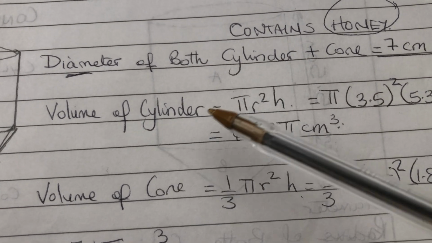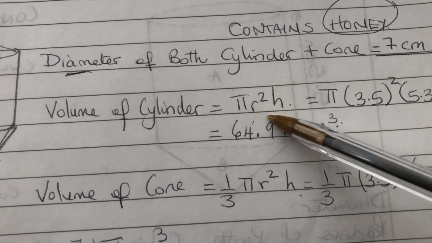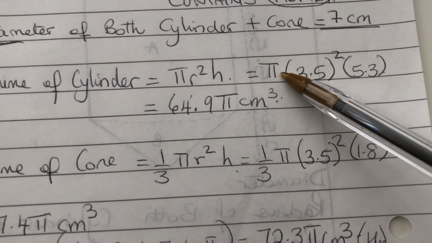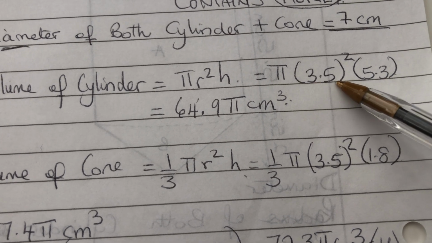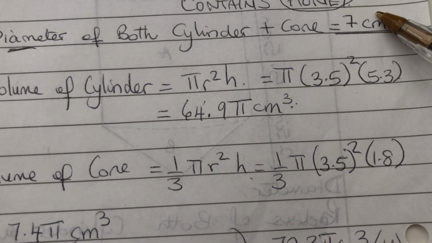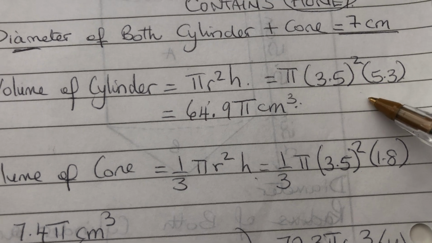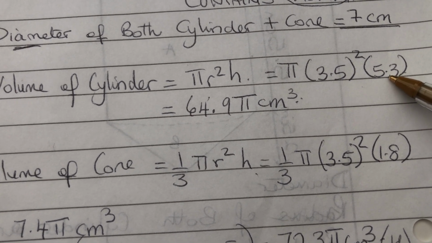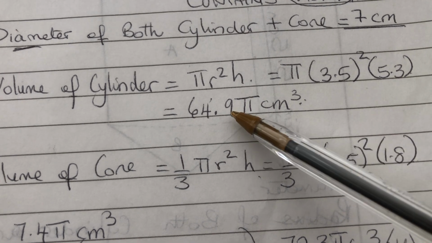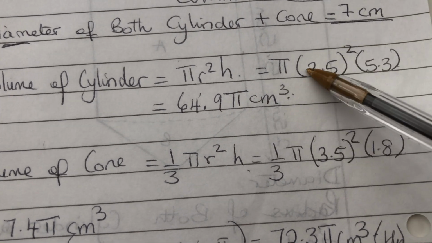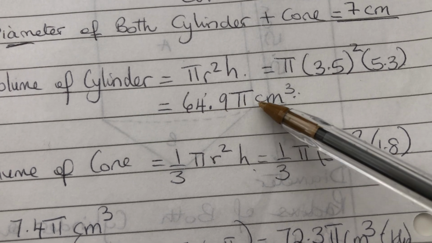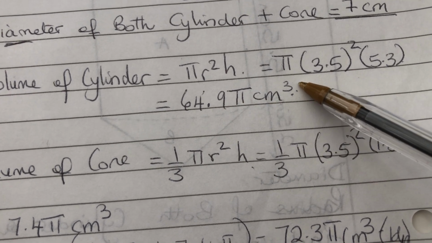So for the volume of the cylinder, we need the height of the cylinder, which would be pi r squared, 3.5, half of 7. Cylinder height is 5.3. When we do that, we get 64.9 pi centimeter cube.